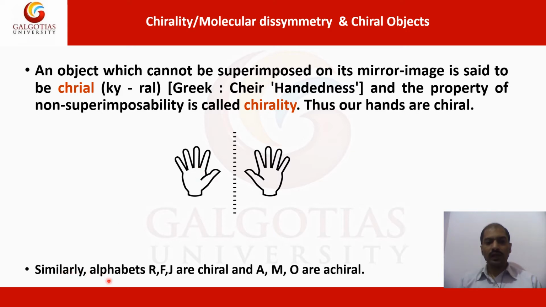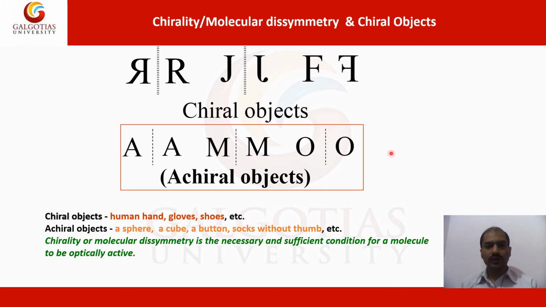If you look at alphabets, R, F, J are chiral and A, M, O are achiral. We can check this by putting a mirror next to these alphabets, to see whether they are superimposable or not.